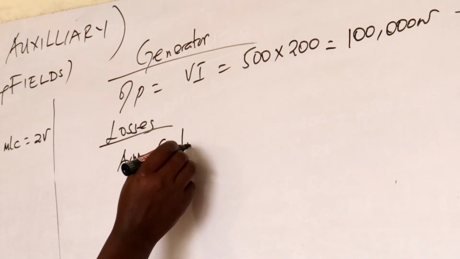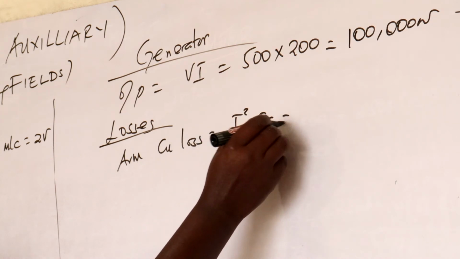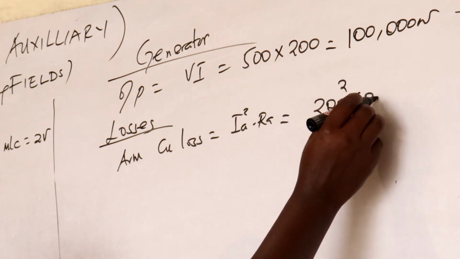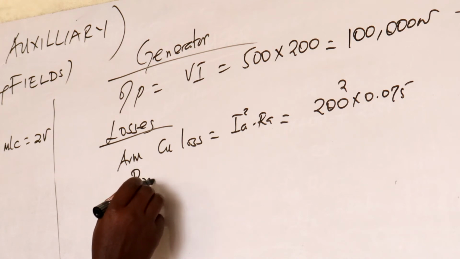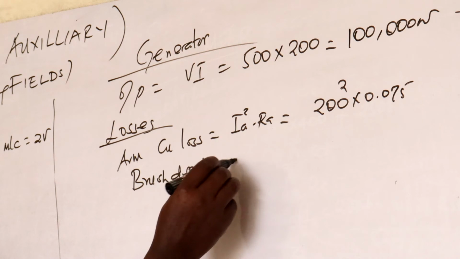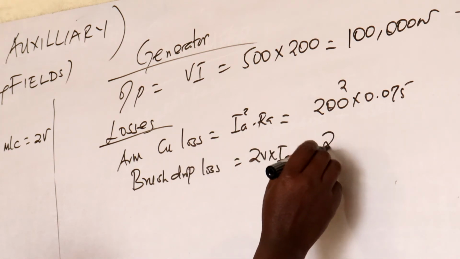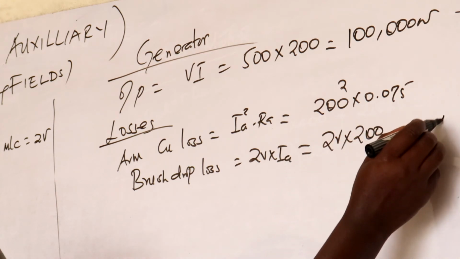Armature copper loss, I squared R_A: 200 squared times 0.075. Brush drop loss: 2 volts times the armature current, 2 volts times 200, which is 400.